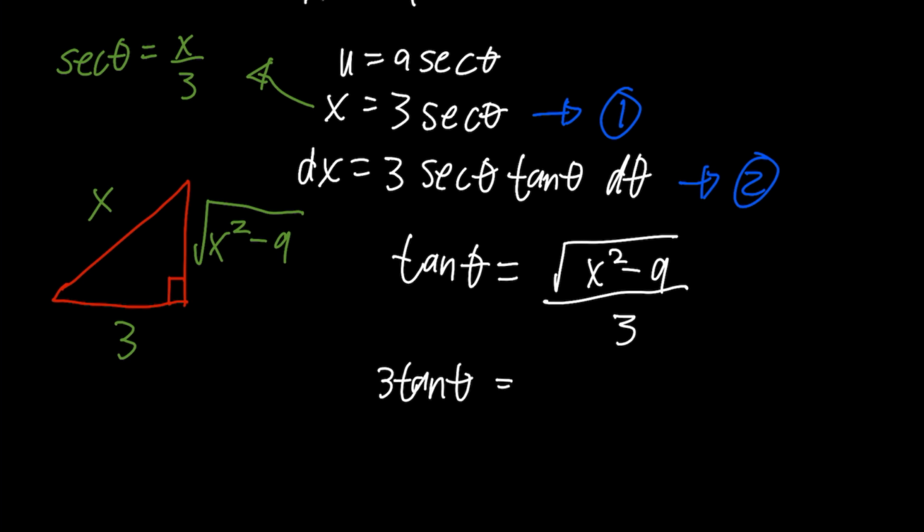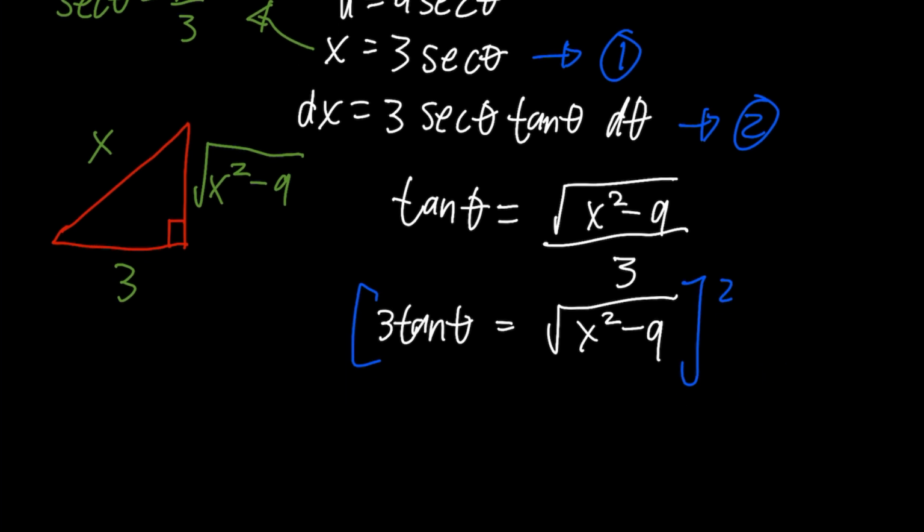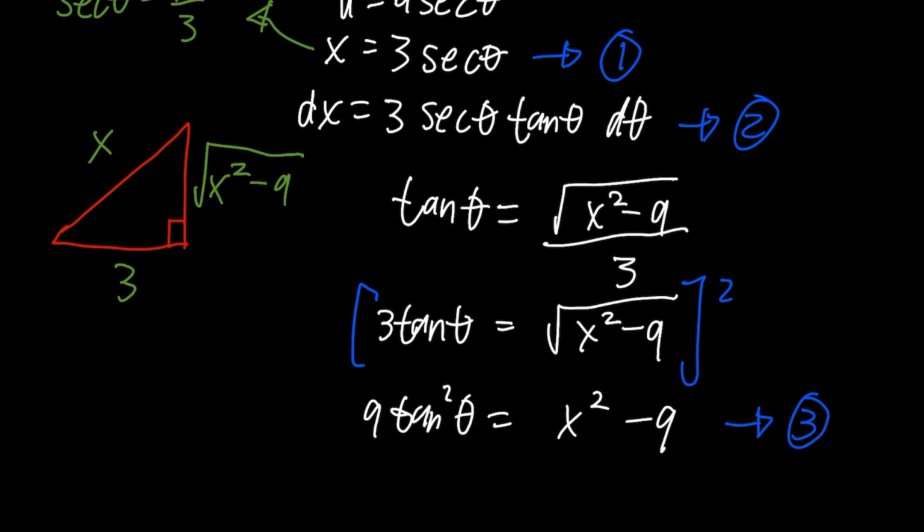So 3 tan theta is equal to the square root of x squared minus 9. So this will serve as our third equation. Let me just square it. So this would be equal to 9 tan squared theta is equal to x squared minus 9. So this will serve as our third equation.